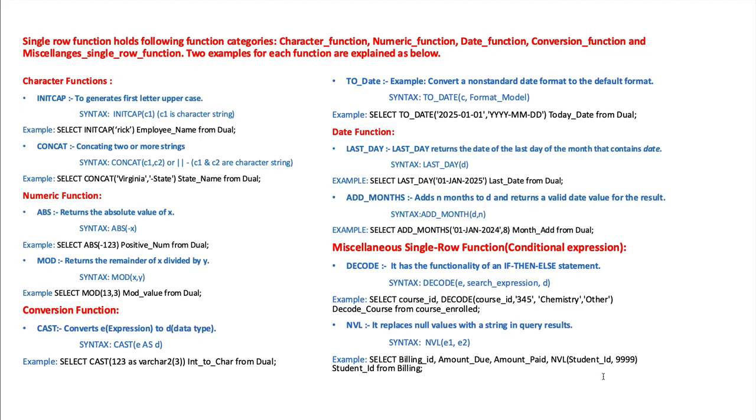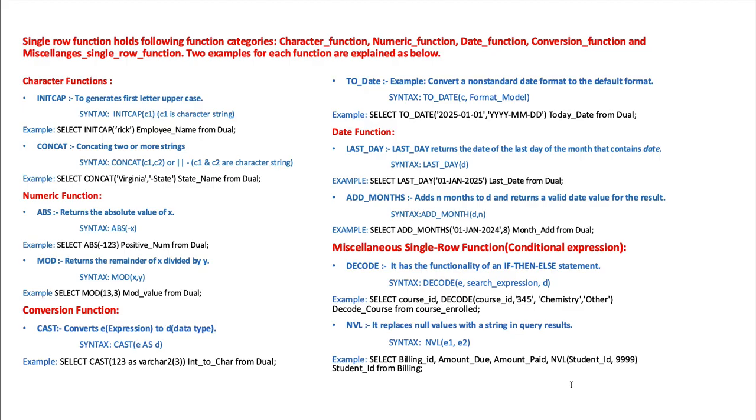If student ID is null, then replace that value by 9999. That means the NVL function will replace a null value with the given value. In this way, we can explain the different function categories which lie in single row function.